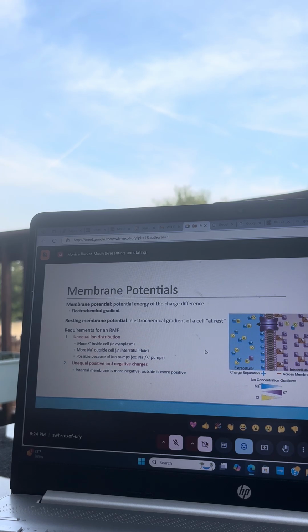The next thing is the membrane potential. What is the resting membrane potential? You have the definition here. It's the electrochemical gradient of the cell when the cell is at rest. That means it is not transmitting any signal, especially in terms of muscle cell and the neuron.